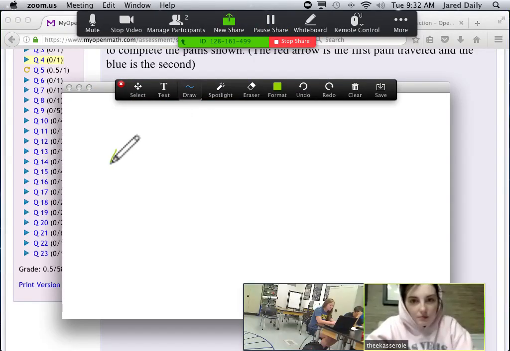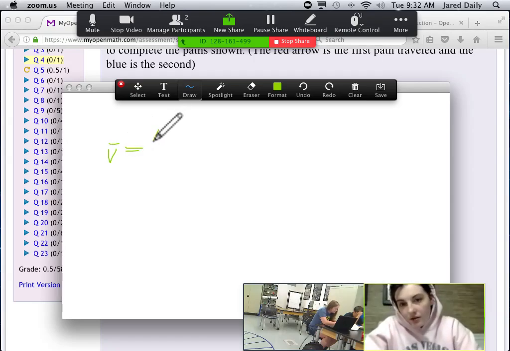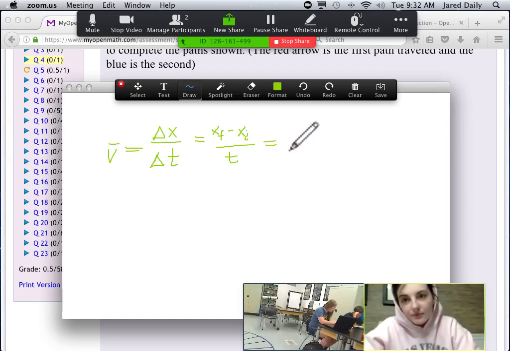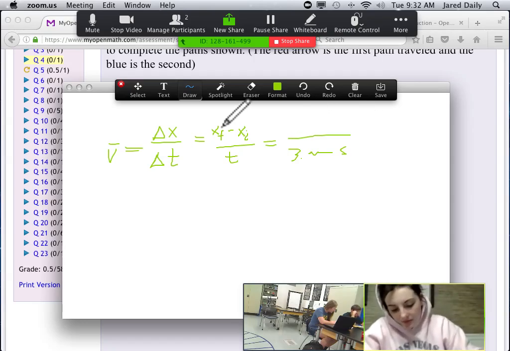So average velocity is defined as delta x over delta t, and delta x is final position minus initial position, and the time is just going to be the time that it takes. The time that they've given us was 3 point something seconds. And the positions now are what we need to deal with.